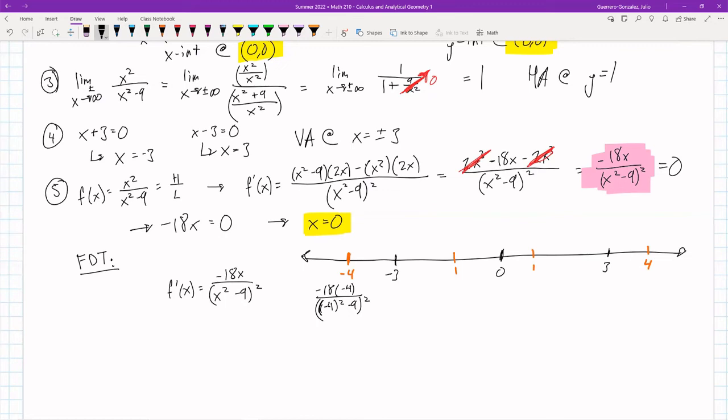I think that's 52. Well, I have a calculator, why don't I use that? 72. Positive 72 over 16 minus 9. I believe that's going to be 7 squared. Remember, I don't care about the value itself, I care about the sign. That's going to be positive.